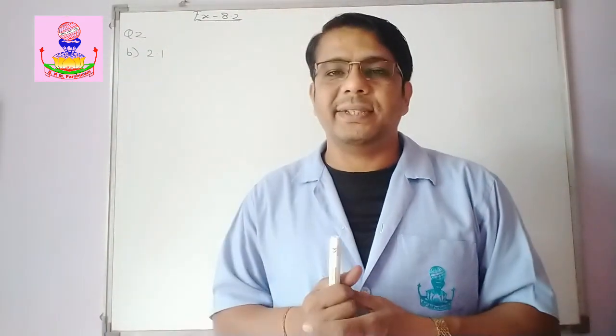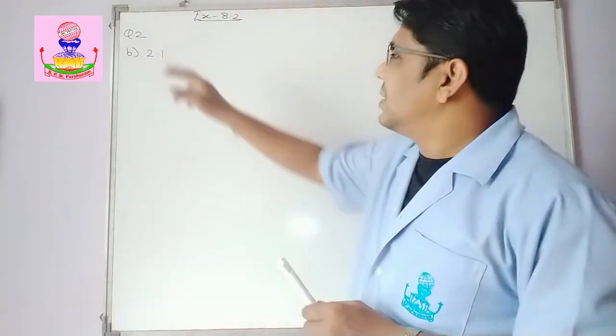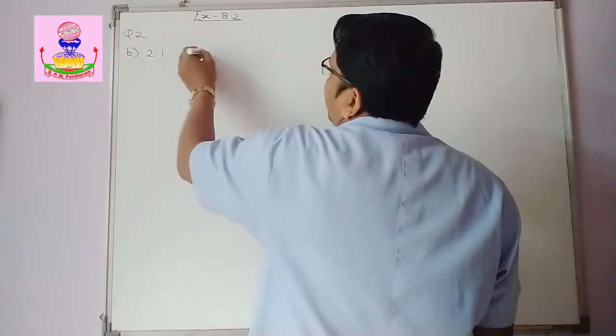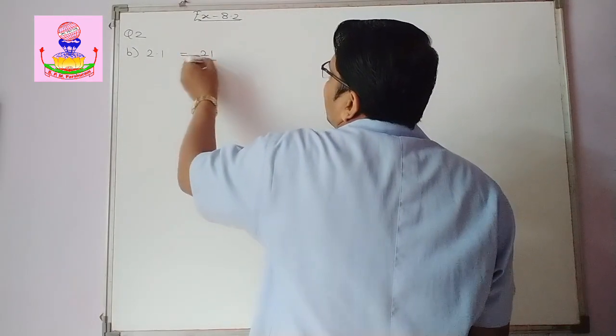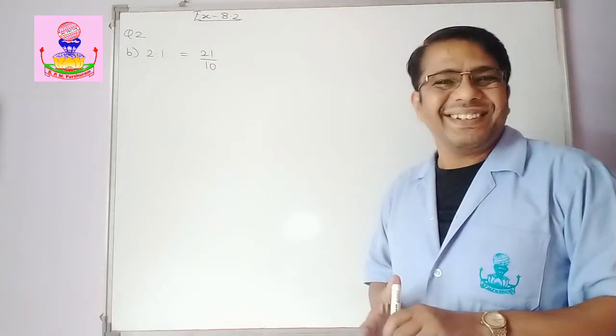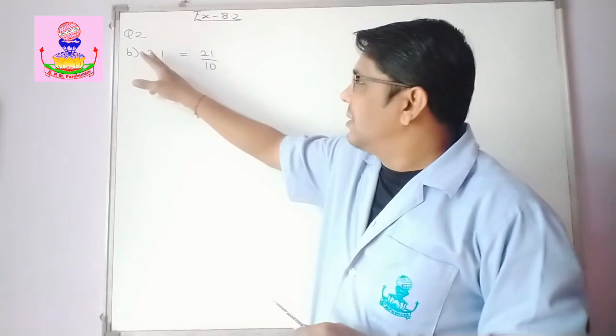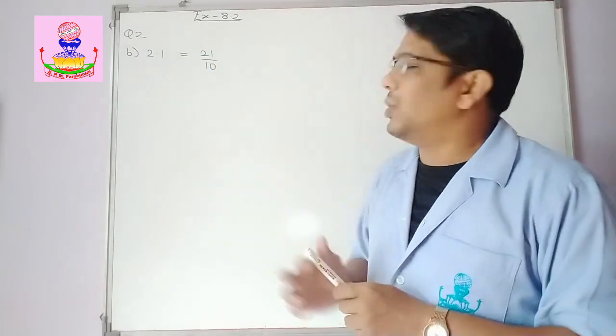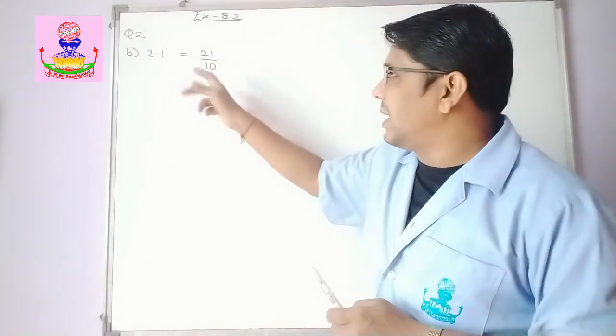Now question 2 says convert the given decimal fractions to percents. Okay. So this is B, 2.1. So 2.1, what I can do, I will first remove the decimal point. So it becomes 21 upon 10. Okay. So what I have done, how many digits after the decimal point?